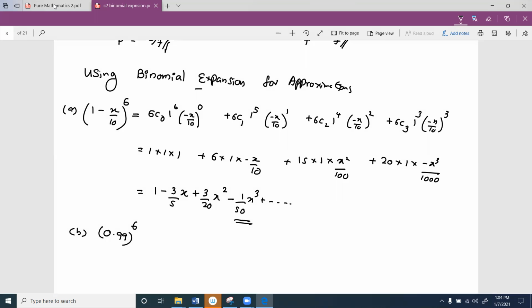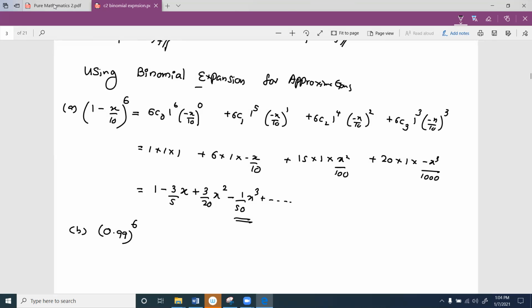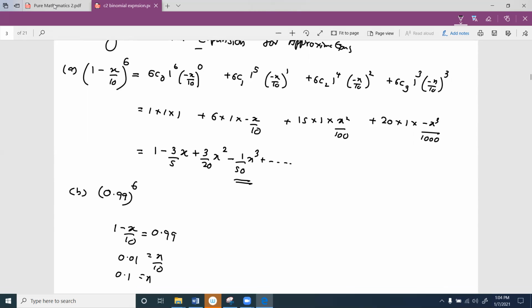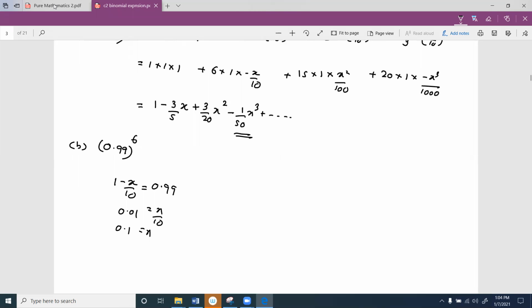You can see both the powers are the same. Therefore, you can write 1 minus x over 10 equals 0.99. Then x over 10 equals 0.01. Therefore, x becomes 0.1. Then what you need to do is substitute 0.1 into this expansion to get the final answer.